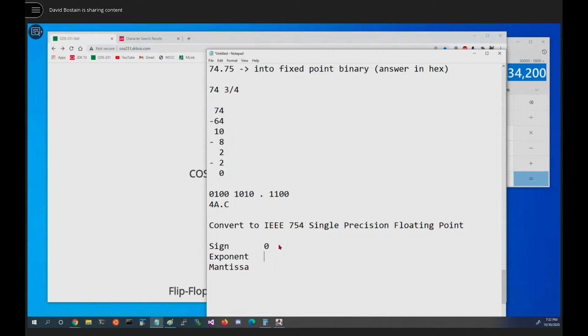The exponent is a little trickier, but we know that if we don't shift the decimal point at all, it's going to be relative to 127. So let's figure out how many positions we need to shift the decimal point in this number. What we have to do is shift it left or right until there's only a single 1 to the left of it. So we have to go 1, 2, 3, 4, 5, 6 positions.